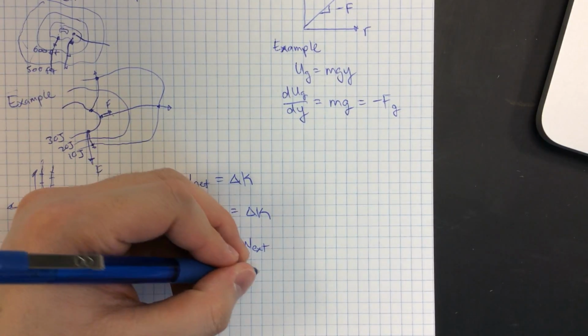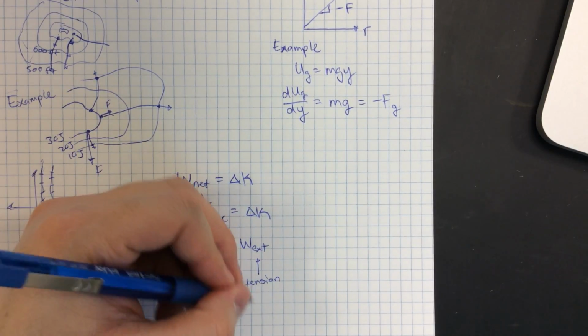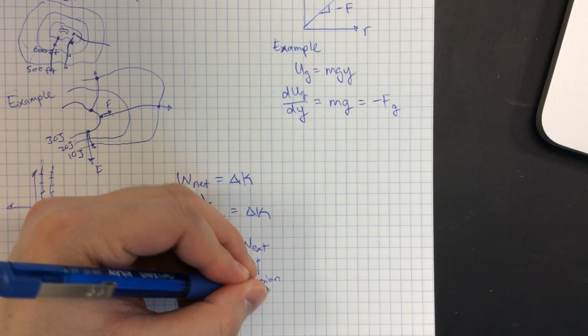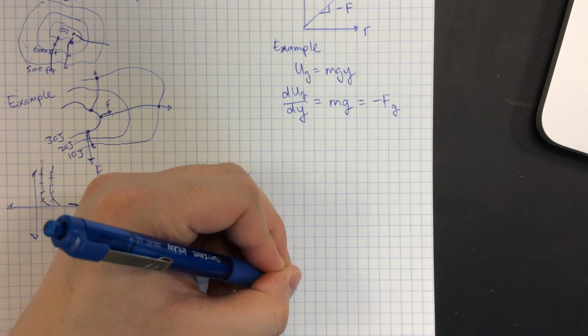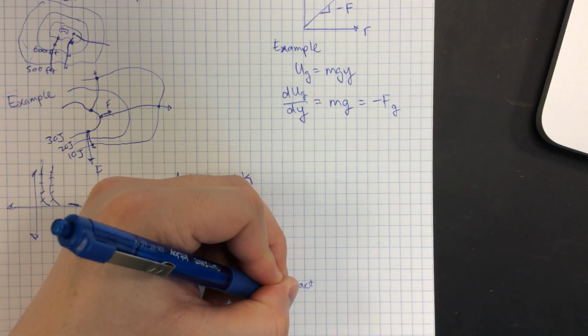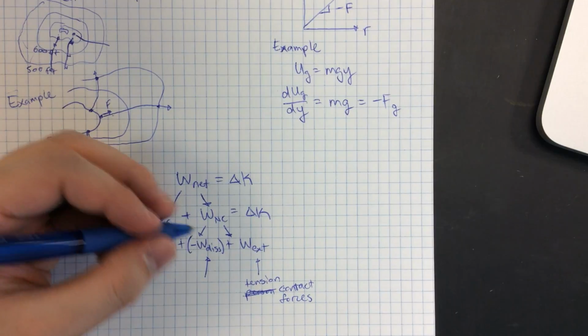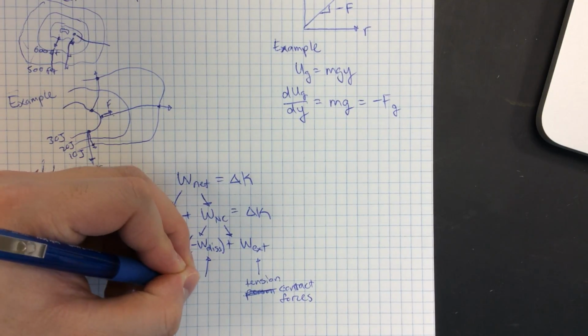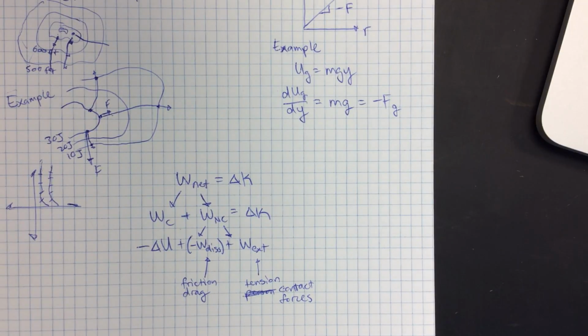Things like tension, person pushing, whatever, you have contact forces. Dissipative work is usually from like friction, drag. Those are kind of the main ones.